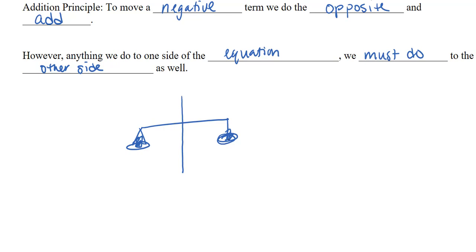So in order for them to be equal, if you add something on this side, then you have to add the same amount on that side. Or if you remove a certain amount, you'd have to remove the same amount for this to be equal, right? And this equal means it's going to balance.